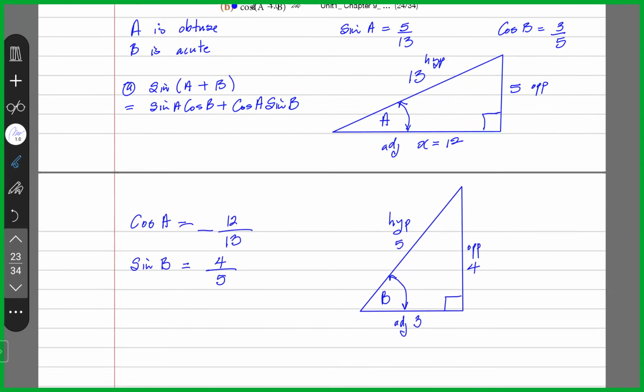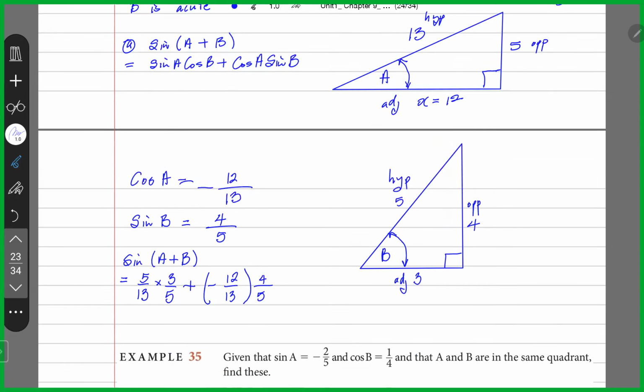Once I know this, I can say that sine A plus B would be equal to sine A, given as 5 over 13, times the cosine of B, which is given as 3 over 5, plus the cosine of A, which is minus 12 over 13, times the sine of B, which is 4 over 5.